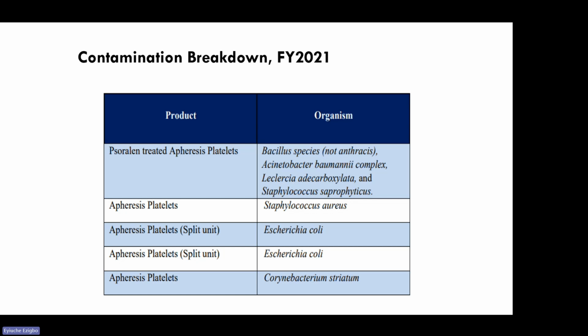Then apheresis platelets, we have Staphylococcus aureus can contaminate it, and probably it's coming from the skin. Then we have apheresis platelets, split unit, Escherichia coli. We have apheresis platelets, Escherichia coli, apheresis platelet, Corynebacterium striatum. Okay, so these are some of the bacterial organisms that can contaminate these platelet products.